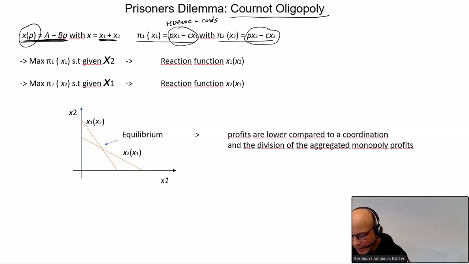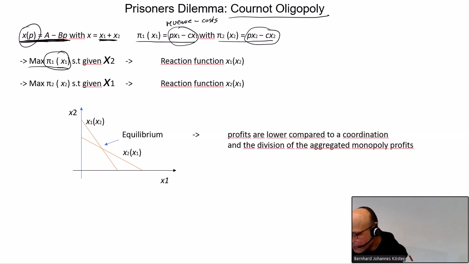And then you have, of course, that you are maximizing your individual profits. But into your profit function, you have to insert the aggregated demand function.